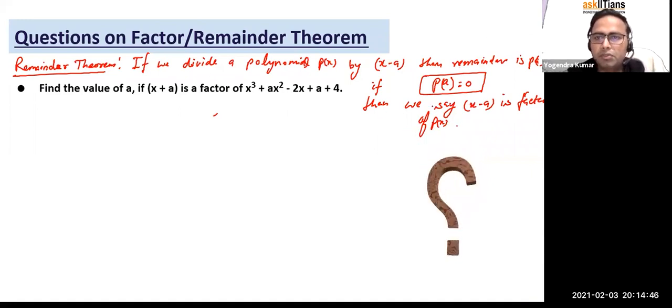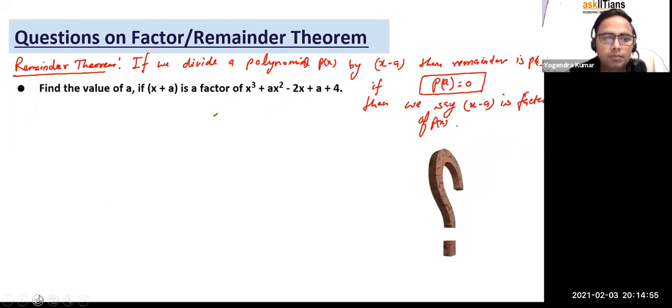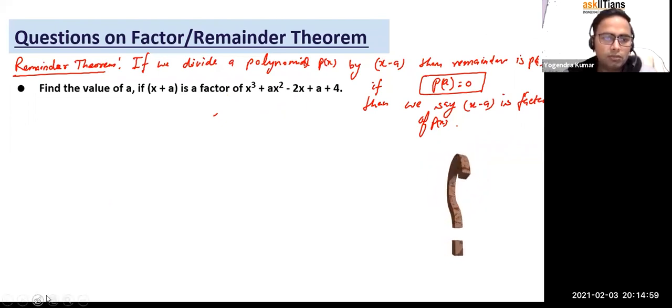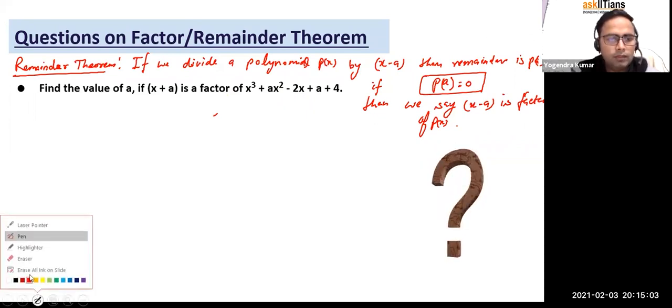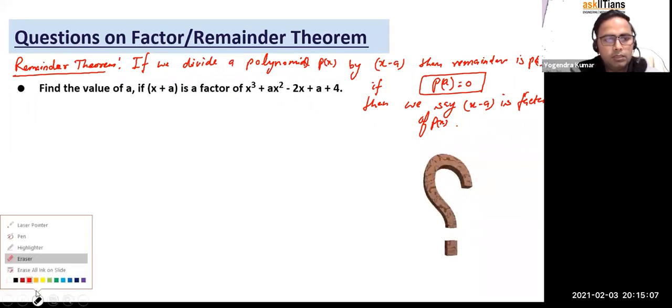So you need to know remainder theorem, then after that factor theorem, and this is what we are going to use in this question. I hope it is clear. Let's get started with this question.